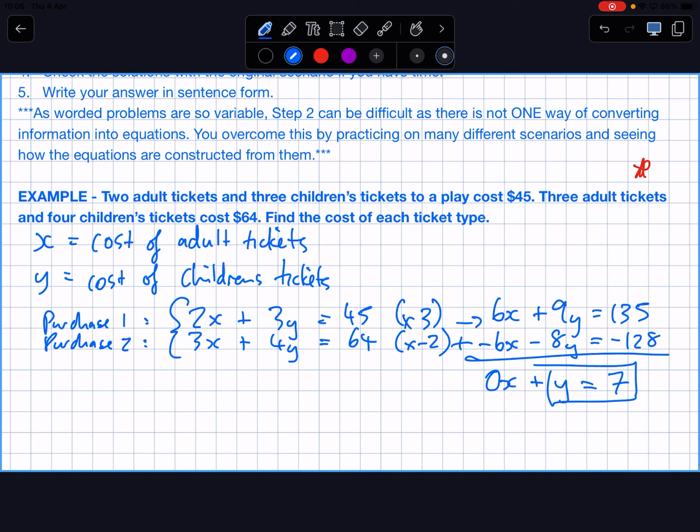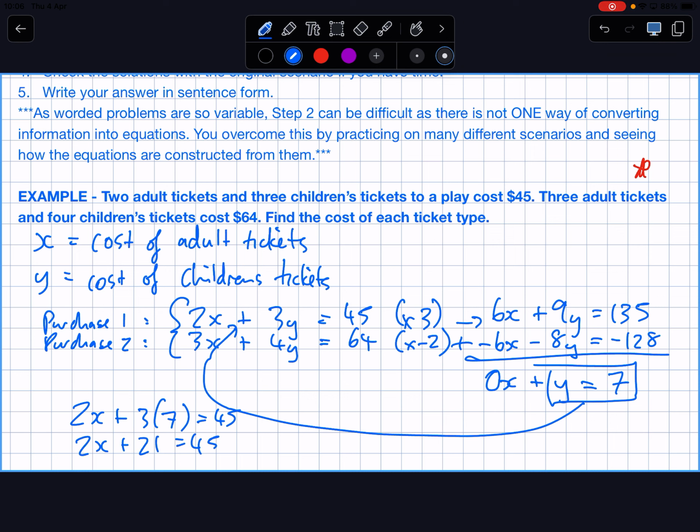So substitute that 7. Which of the equations would you like to substitute it into? The top one is small enough. Does it matter which one you substitute it into? No. Just substitute in the top one. 2x plus 3 lots of 7 equals 45. 2x plus 21 equals 45. 2x, opposite of adding 21, taking.